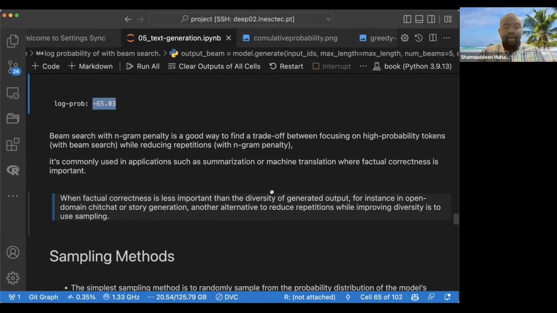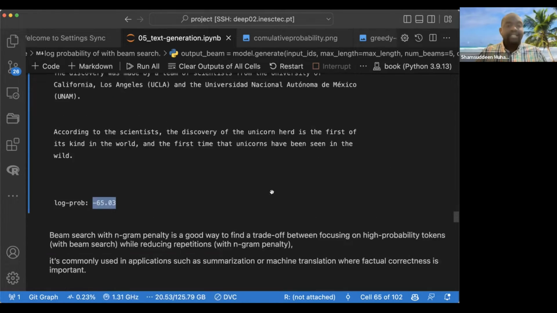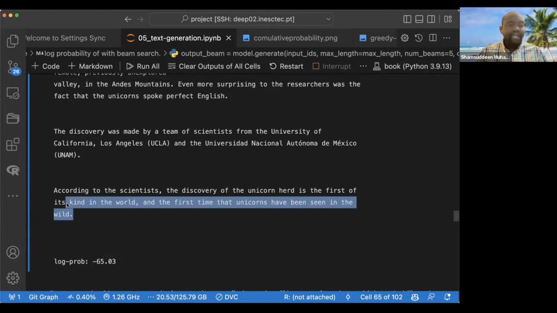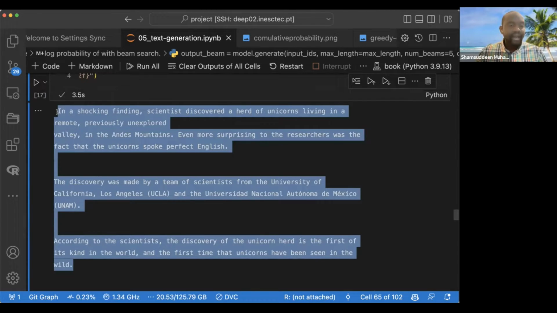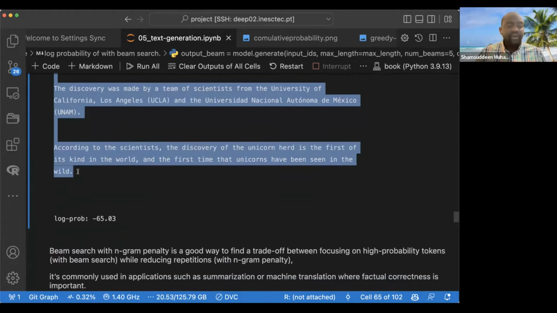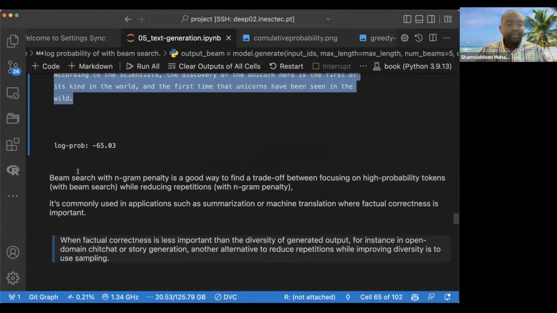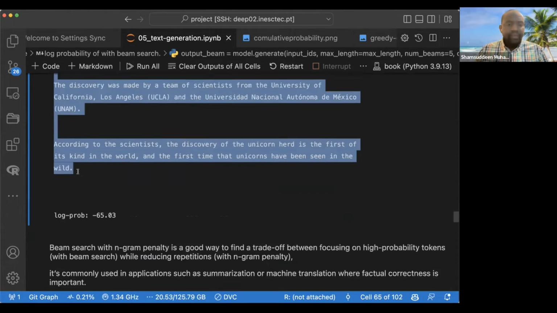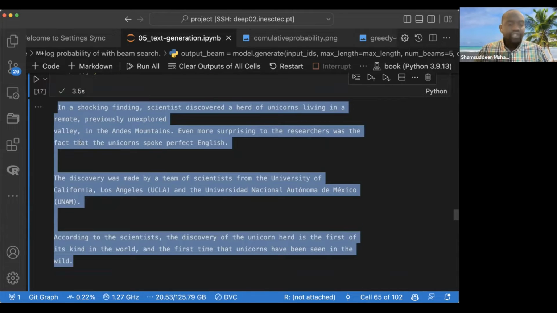For example, another alternative to reduce repetition while improving diversity is to use sampling. We can see here that we basically insist that we want diversity, so we use beam search. But that is when we want to generate text that is maybe news or something.